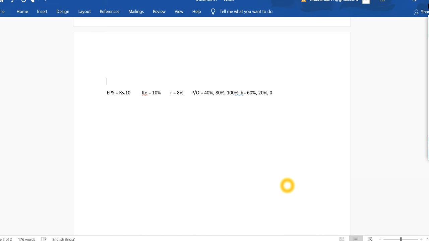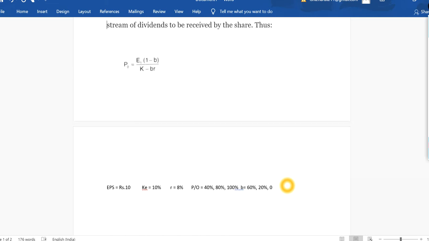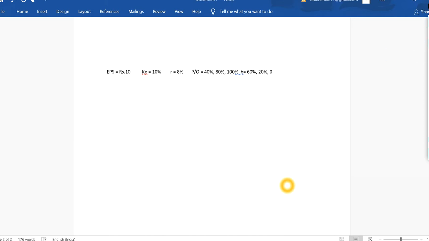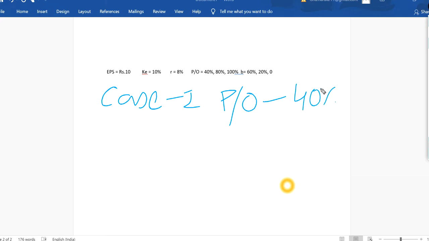As in the question, the formula was given to you. This was the formula, so we'll apply the same formula here. Now, case 1. In case 1, we'll be taking payout ratio 40%.